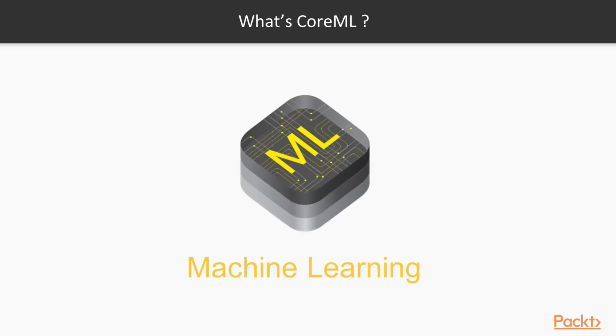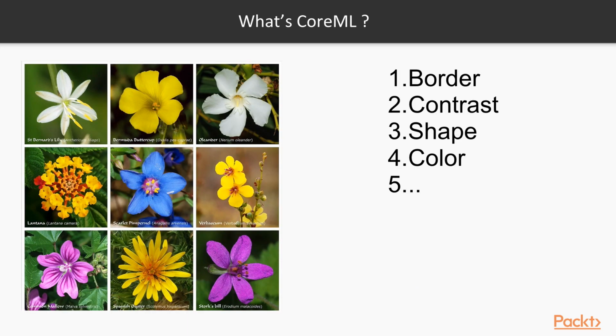What does machine learning mean? For simplicity, we can say that machine learning is the process of giving a computer enough data and enough information about the data that the computer can learn something about the data. For example, let's suppose that we need to write an algorithm to distinguish pictures of flowers. We can start writing down all the characteristics a picture of flowers should have in terms of shape, color, contrast, and so on and so forth.